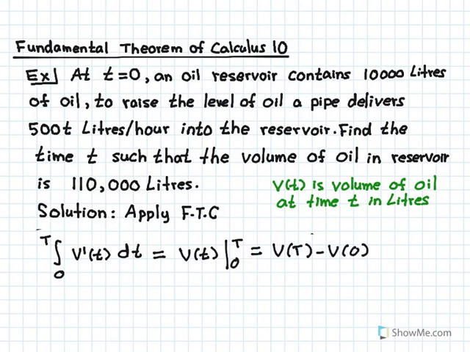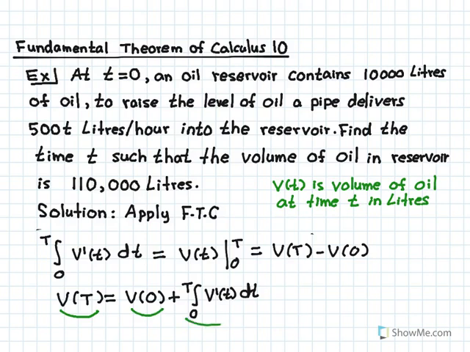Let's rearrange this equation and we get V of t is equal to V of 0 plus integral from 0 to t of V prime of t dt. Let's interpret this. V of t is the final volume of oil in the reservoir. V of 0 is the initial amount of oil in the reservoir, and this integral is integrating the rate of change, and we get a total change in the volume of oil in the reservoir.